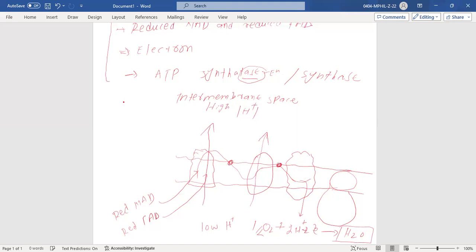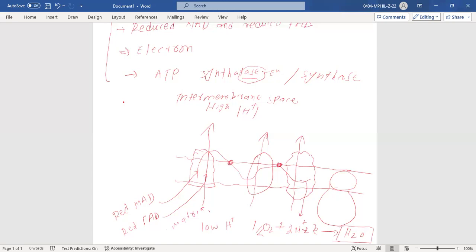The protons will be transported from the matrix, which you know very well, into the inner membrane space, or the cristae, which is present here.